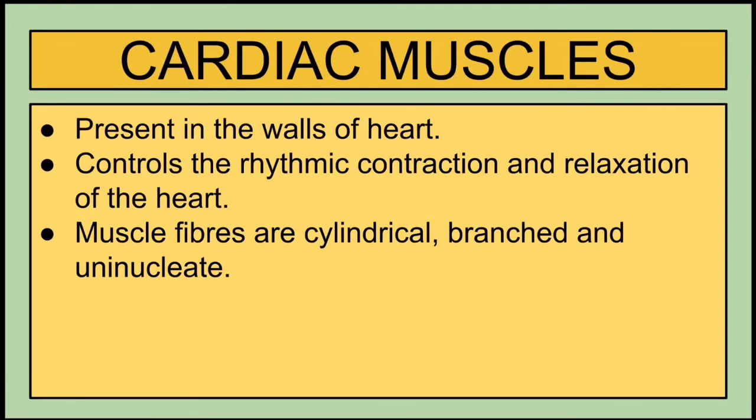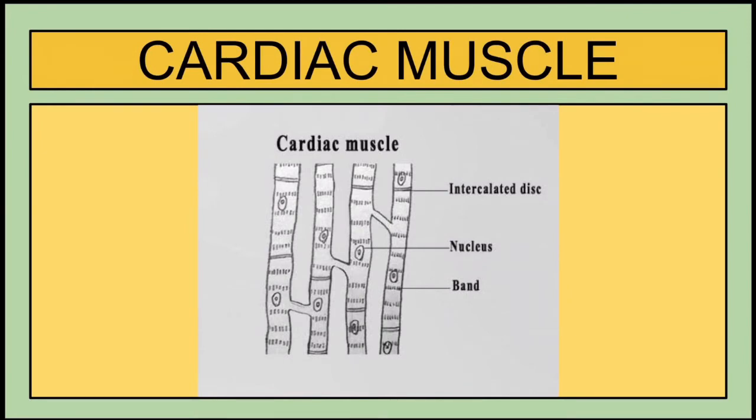These muscle fibers are cylindrical, branched, and have one nucleus. Cardiac muscle fibers also possess contractile units called sarcomeres. In the diagram of cardiac muscles, the intercalated disc, nucleus, and dark and light bands are visible.